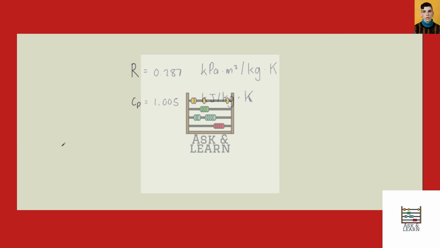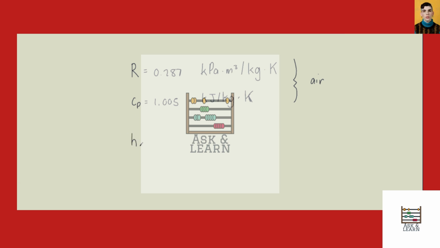Now, the properties of air are its gas constant R, which is 0.287 kilopascal meter cubed per kg Kelvin, and its specific heat at constant pressure, Cp, is 1.005 kilojoule per kg Kelvin at room temperature.